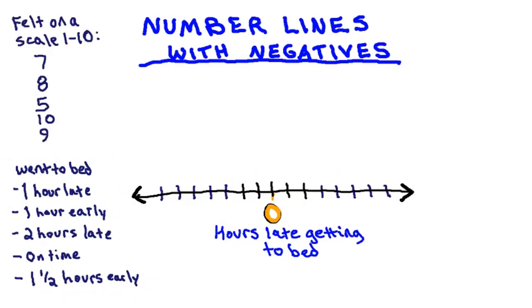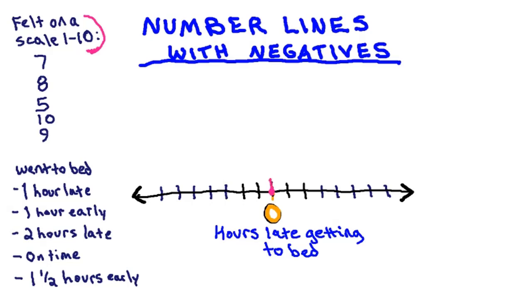Now we're going to add our y-axis to this, and our y-axis is going to be, say, after you went to bed every night, you woke up the next morning and you rated how you felt on a scale of 1 to 10. And so this is going to be our y-axis, our amount, which is our up and down line. And when we set this up, we're going to start our y-axis also at the 0, because the y-axis and the x-axis are always going to share a 0.